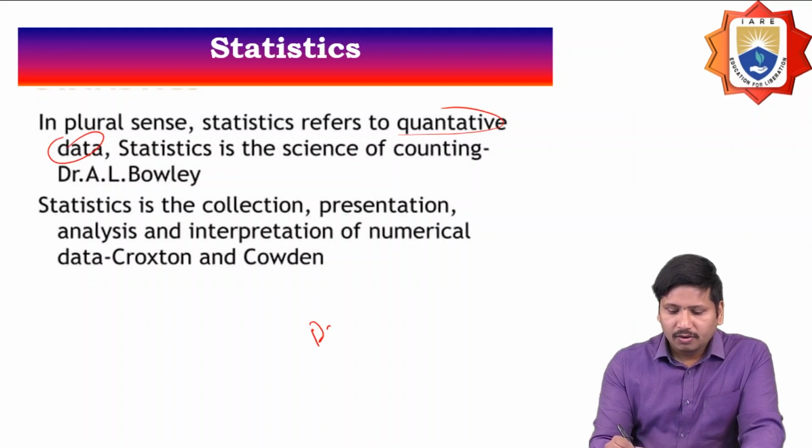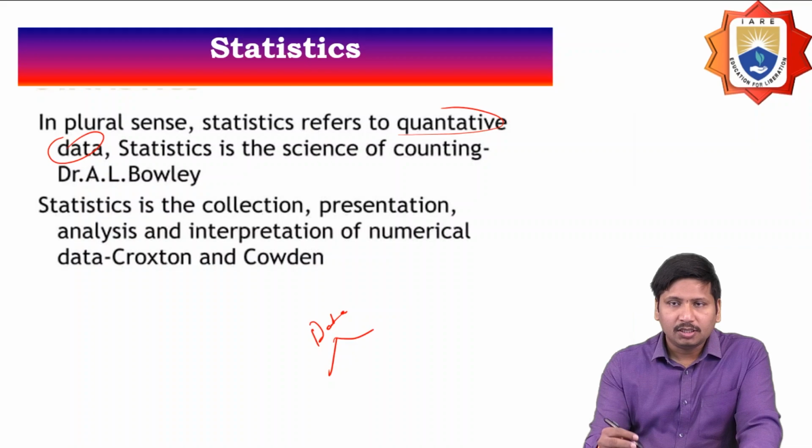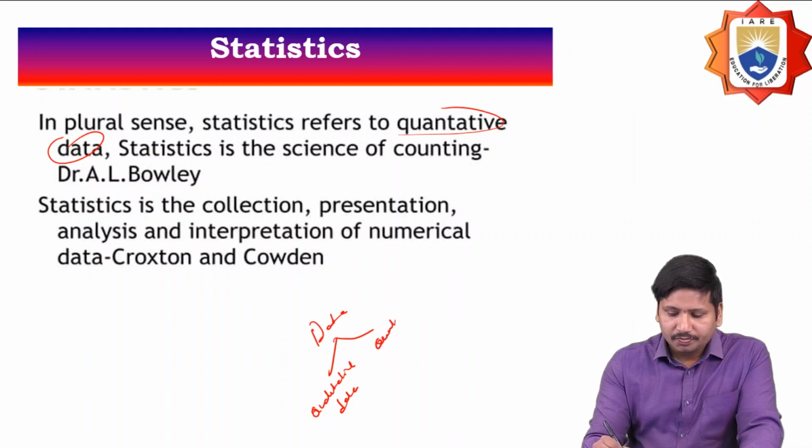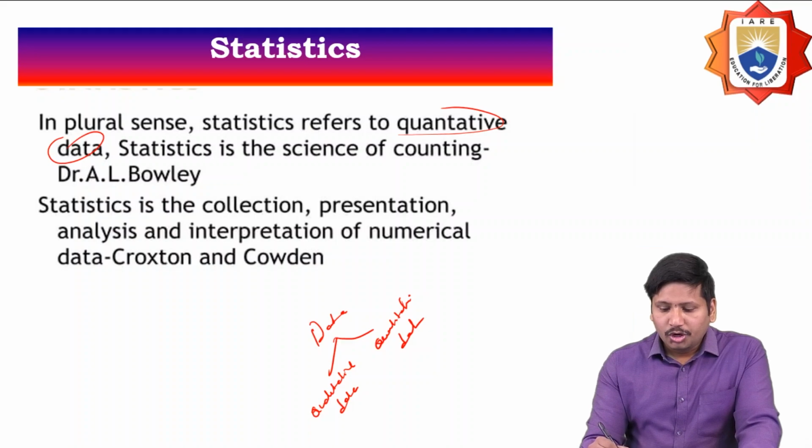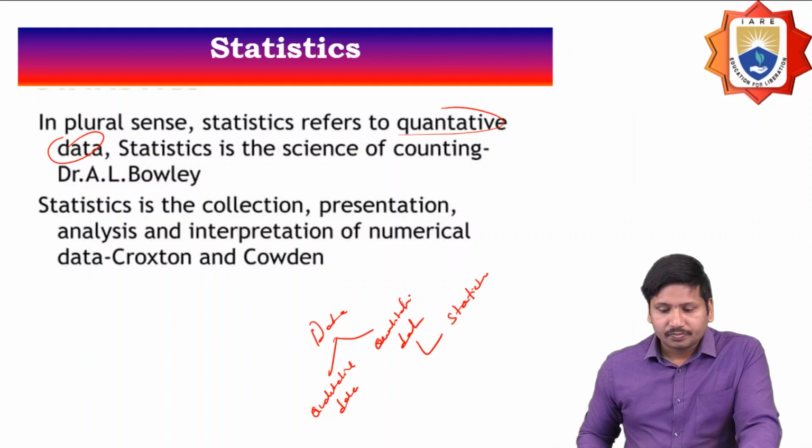Normally the data will be of two types, as I said in previous videos: qualitative data and quantitative data. Statistics is applied only on quantitative data. So statistics means the collection, presentation, analysis, and interpretation of numerical data.